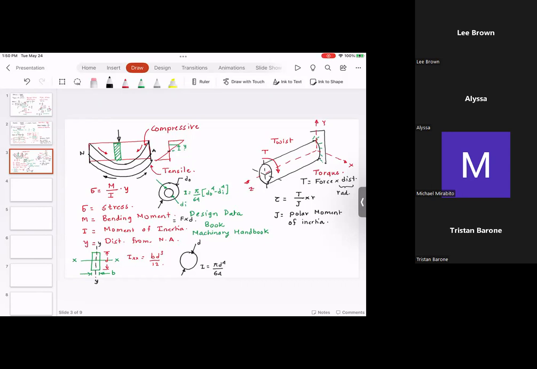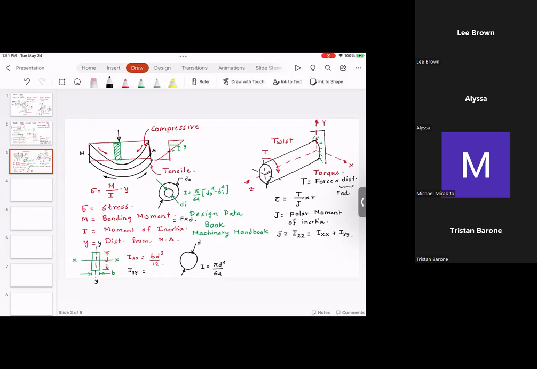You have IXX and you have IYY. Those are about the X and Y axes, so those are just moments of inertia. But J is nothing but IZZ, which is IXX plus IYY.